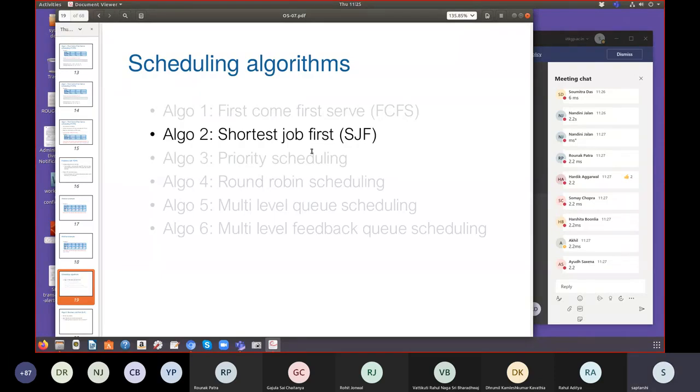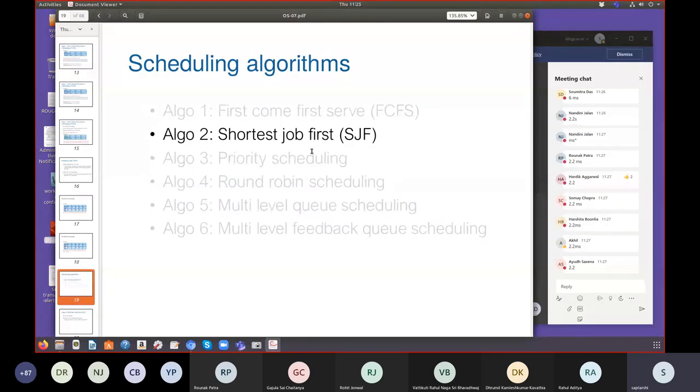That gives the intuitive idea: why not schedule shorter jobs first, so that those jobs will be completed and the other jobs would not have to wait for long.